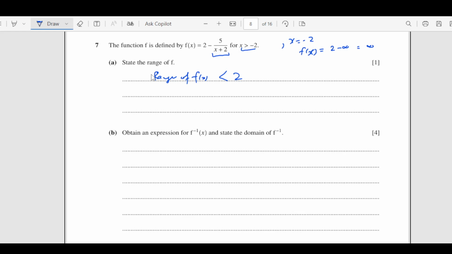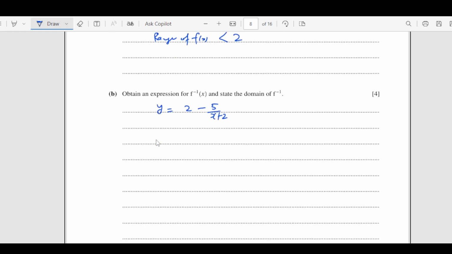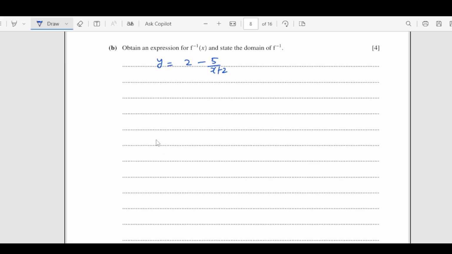Now obtain an expression for f inverse x and state the domain of f inverse x. So let's say f(x) is y: y = 2 - 5/(x + 2). We are going to make x the subject here. So I'm shifting this whole 5 over x plus 2 to the left hand side, then this will become 2 minus y.